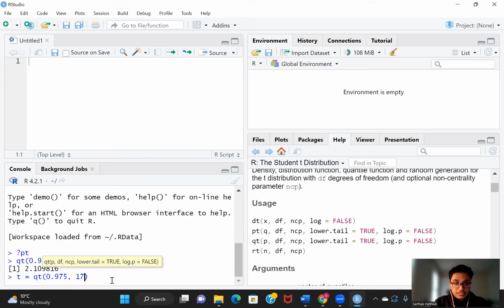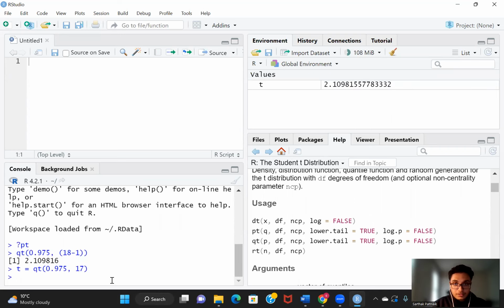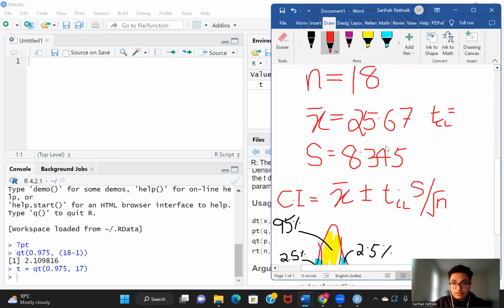Now let me just write 17 over here. All right. So now that I have a critical value as 2.109, let me write it down in the problem that we are solving. 2.109.